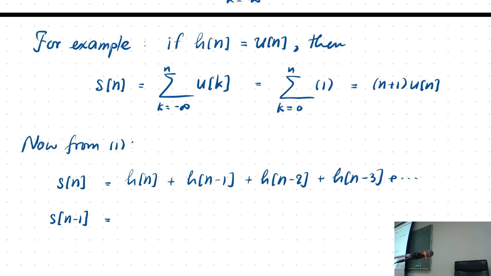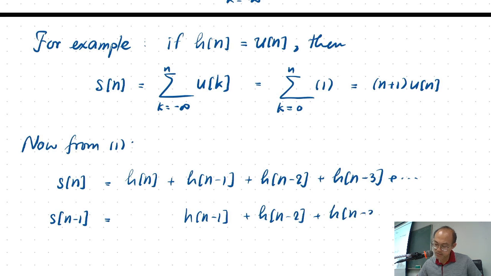When I do this, the first term has to be h of n minus 1. So I have h of n minus 1 plus h of n minus 2 plus h of n minus 3 and so on.